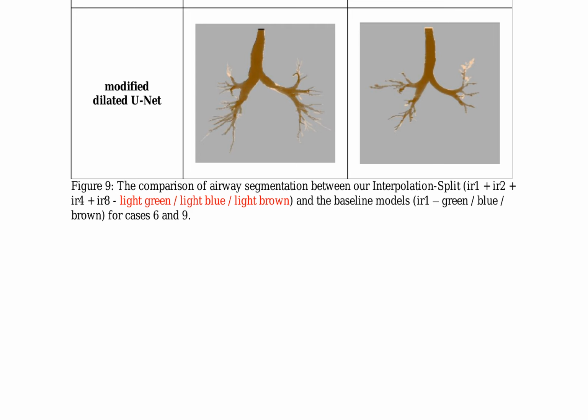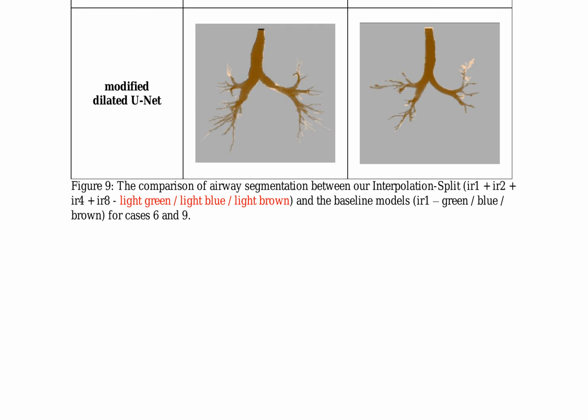The modified dilated U-Net baseline model incorporates dilated convolutions to capture larger contextual information. The interpolation-split method, which combines interpolation and split operations, achieves superior performance in airway segmentation compared to these baseline models. This suggests that the incorporation of interpolation and split operations can effectively improve the accuracy of airway segmentation tasks.